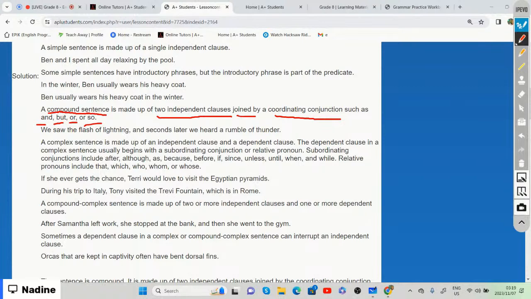A compound sentence is made up of two independent clauses joined by a coordinating conjunction such as and, but, or so. For example, we saw the flash of lightning and seconds later we heard a rumble of thunder.